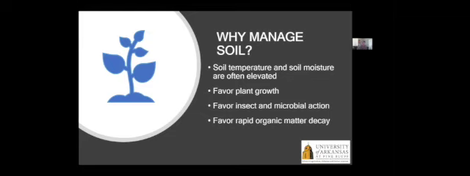One of the other things it's favorable to is the rapid decay of organic matter. And we know that organic matter is what we describe as the glue that holds the soil structure in place, that holds these particles together, hence giving the soil its structure.